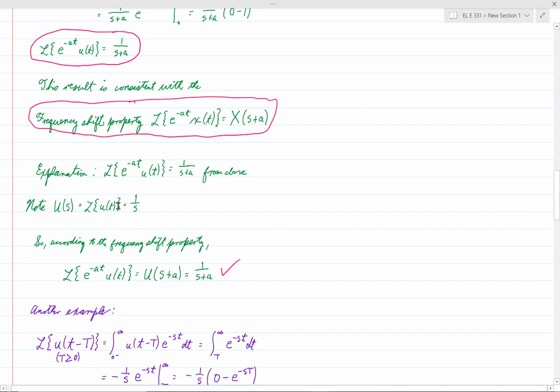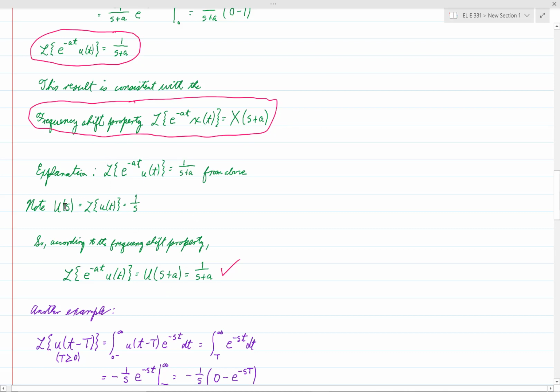Well, remember that the Laplace transform of u of t, which we could call U of s, is equal to 1 over s. We found that earlier in this lecture. So according to the frequency shift property, the Laplace transform of e to the minus at times u of t is U of s plus a. That's just this property right here.